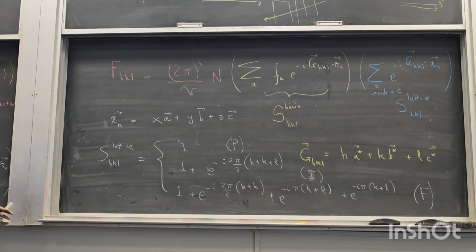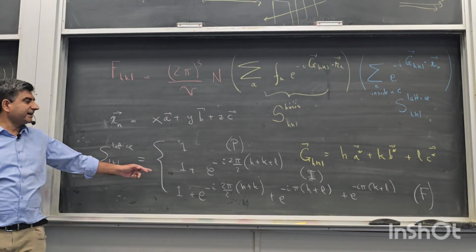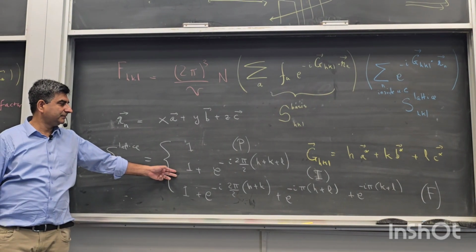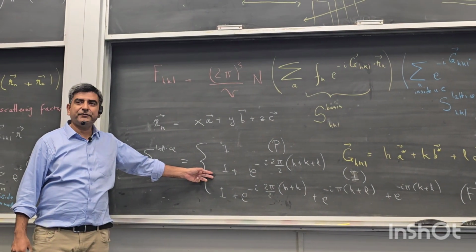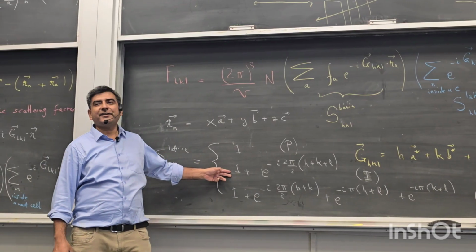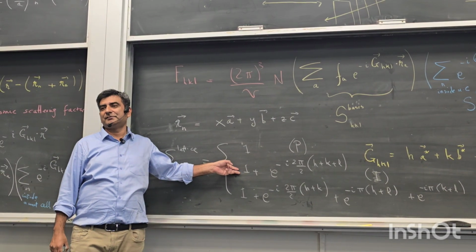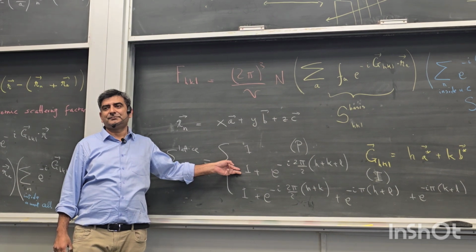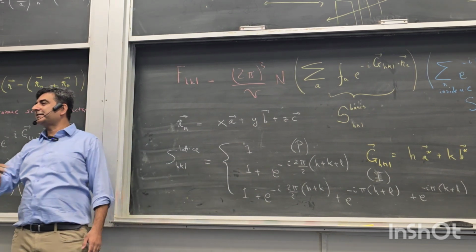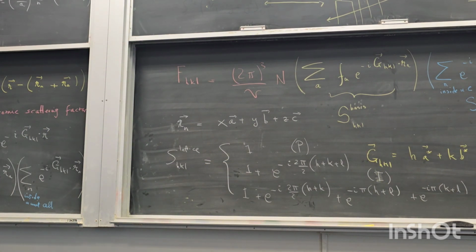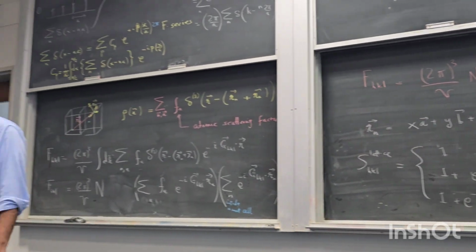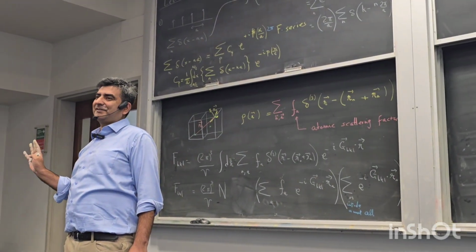And you can also find it for any base centered. So for body centered, this factor is 0 unless H plus K plus L is even. So the structure factor disappears unless H plus K plus L is an even number.